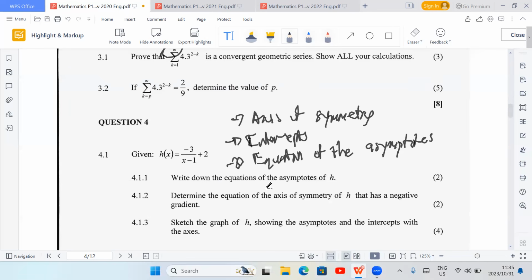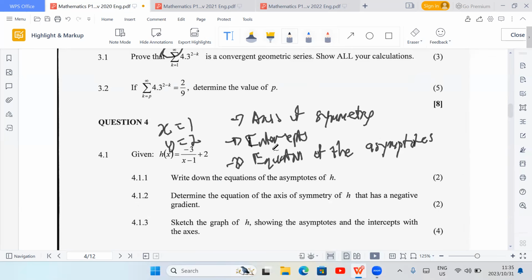So basically we know it's within this, right? Your vertical asymptote being x equals 1, because you need to take this one, equate it to 0, and then it will be x positive 1. But then the number in here, you take it as it is. So this would be y equals 2. This becomes your horizontal asymptote.